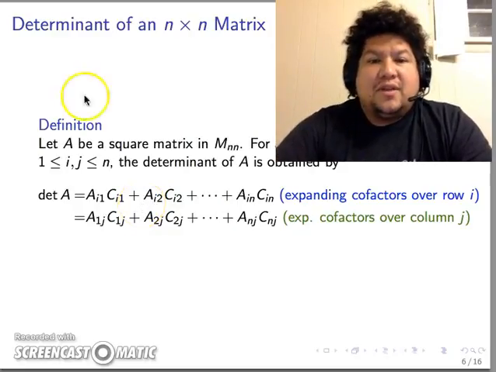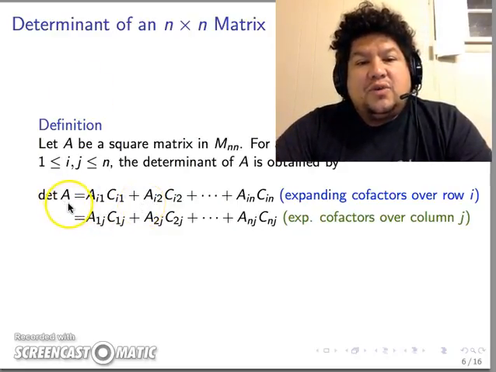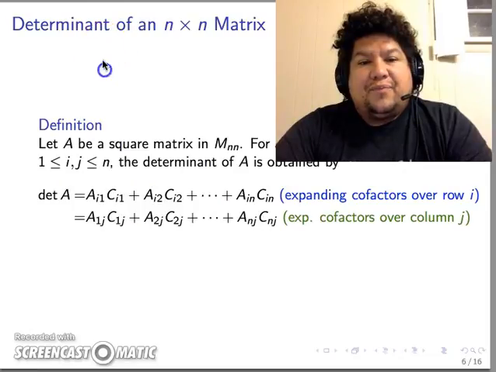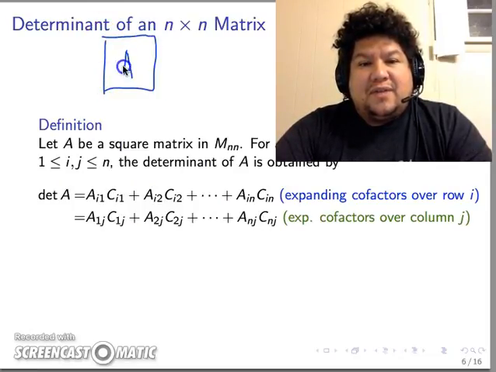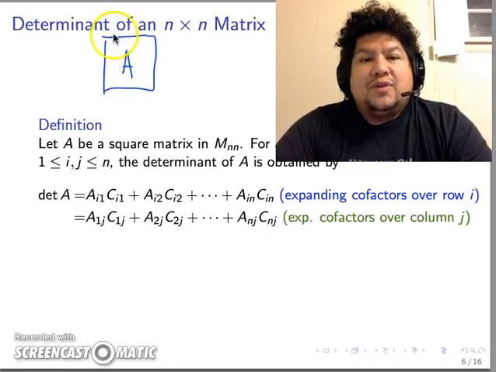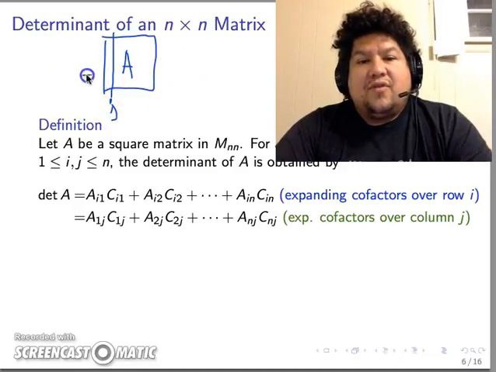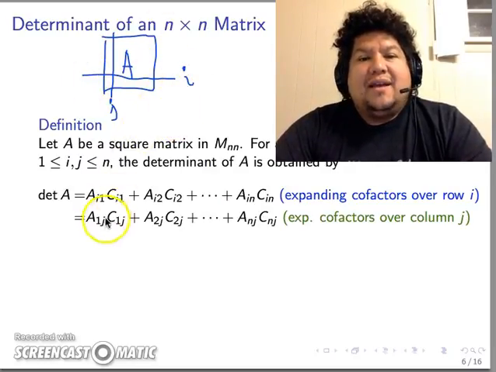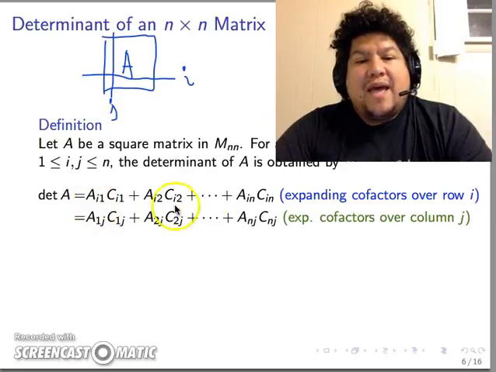One important thing to remember is that in this matrix, here's a representation of this matrix A, you can choose a column, say column J, or you can choose a row, here row I, something that you select, and then you expand over that particular row or that particular column.